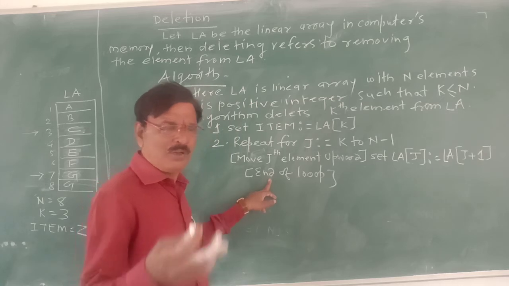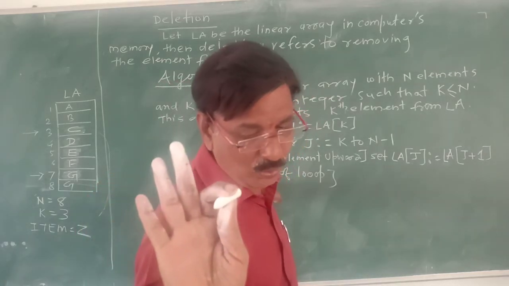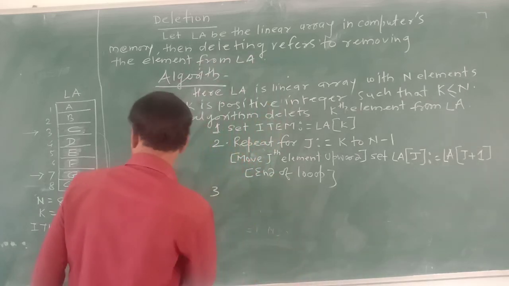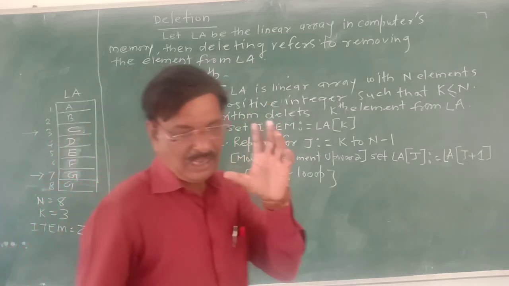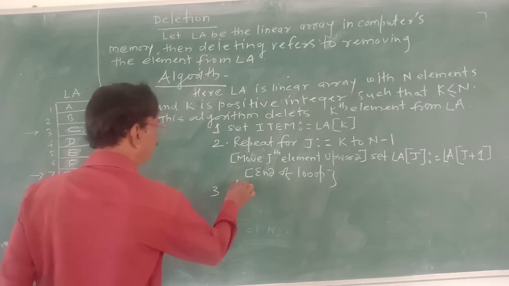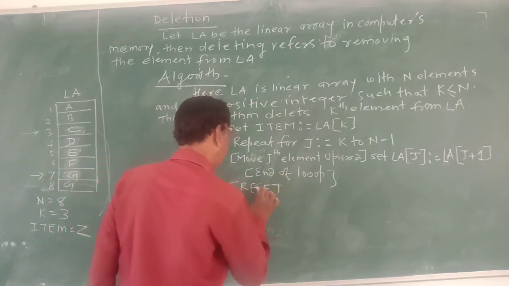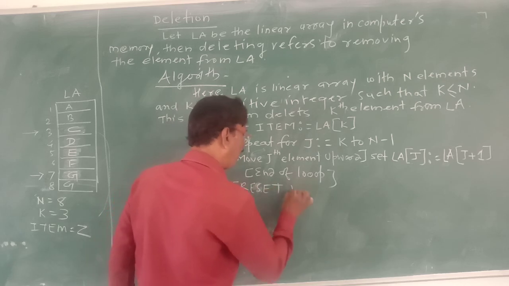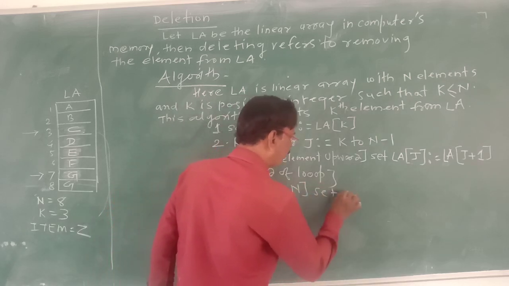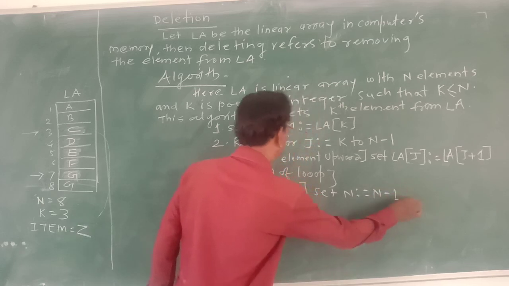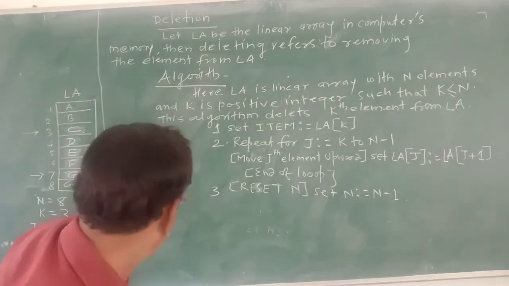End of loop. Now reset n, set n is equal to n minus 1.